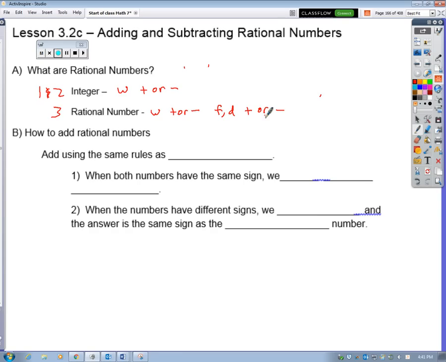Alright, so how do we add rational numbers if we have fractions and decimals that are positive and negative? Well, some good news for you, it is not going to be anything different than we did in Chapter 1. We're going to use the same rules as Chapter 1, which is kind of nice. If we are going to add them, when both numbers have the same sign, we add like normal.